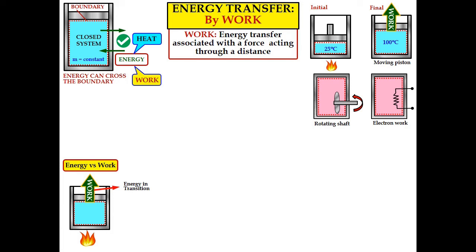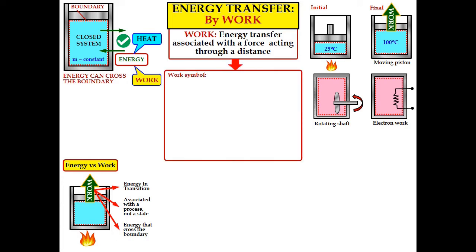This work is considered energy in transition, and work is associated with a process, not a state. Work is considered energy that crosses the boundary. The description of work is quite similar to the description of heat, when we discussed thermal energy versus heat.